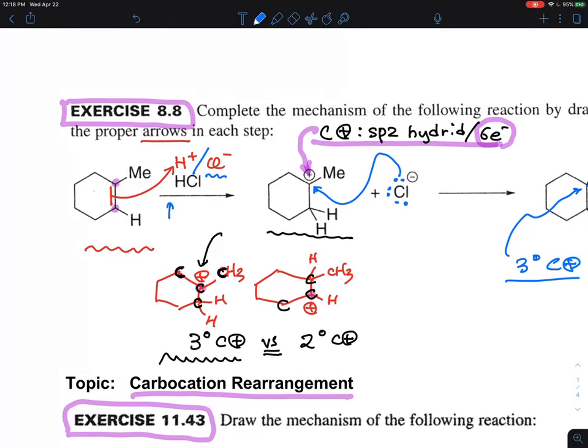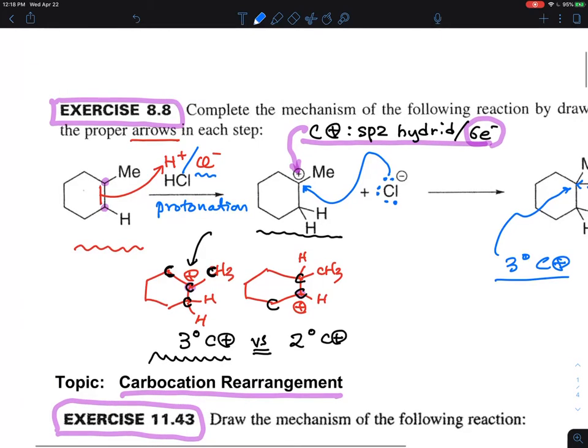So this is protonation, and then CCl bond formation. You can think about these stages. The key idea is which one is more stable, and the tertiary carbocation is more stable.